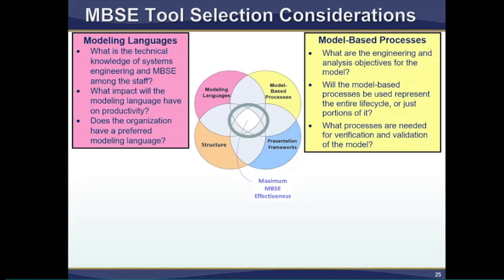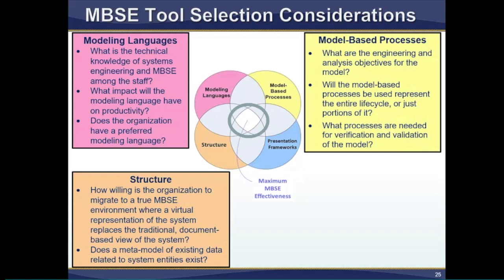If we look at model-based processes, what are the engineering and analysis objectives for this model? Right? Are we modeling the full life cycle, or are we going to model something less than the full life cycle? And here's another thing we don't talk about a lot as systems engineers in a model-based systems engineering environment: what processes are needed for the verification and validation of the model?